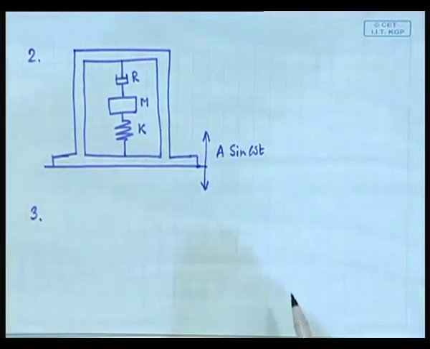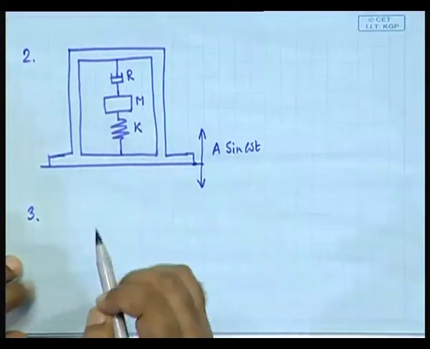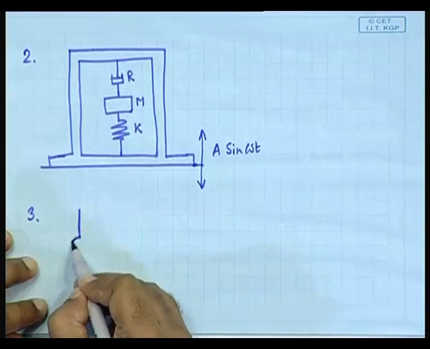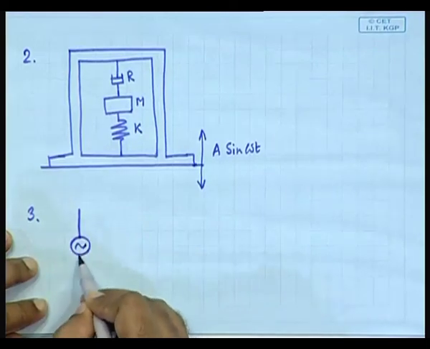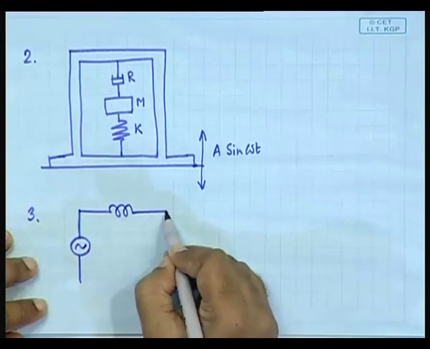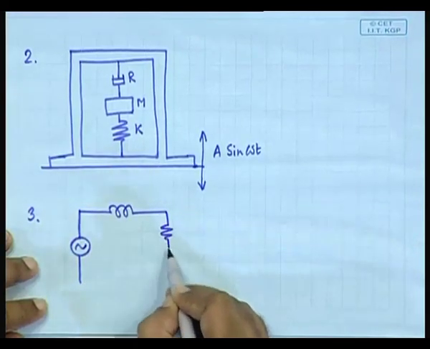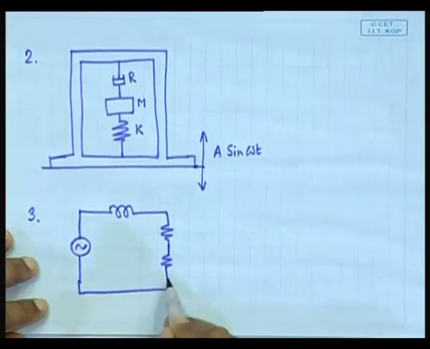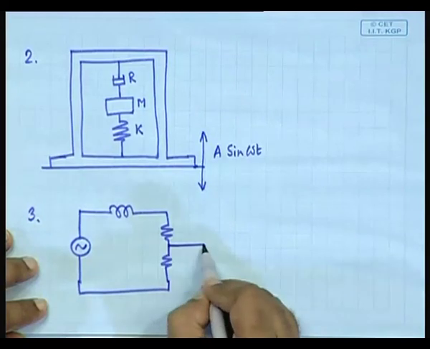Okay, I'll come back to that. Let me give the problems first. So, the third problem is you have got an electrical circuit with an applied voltage which is sinusoidal. Here is the inductor, and here is a resistor, and here is another resistor. But there is a switch here.